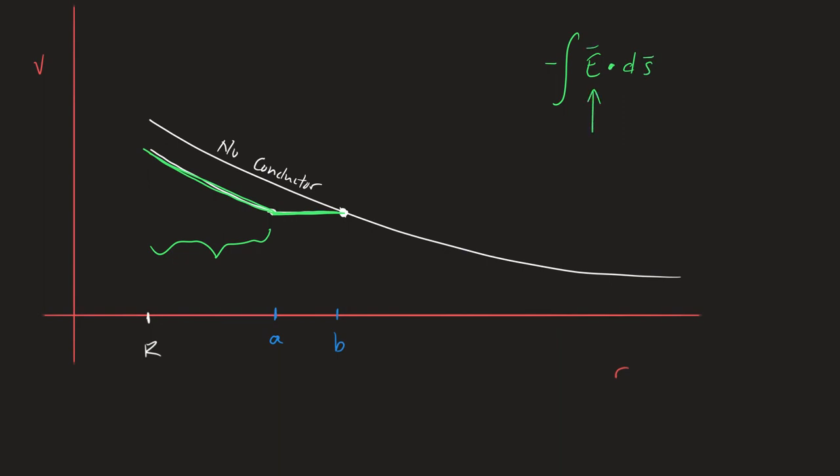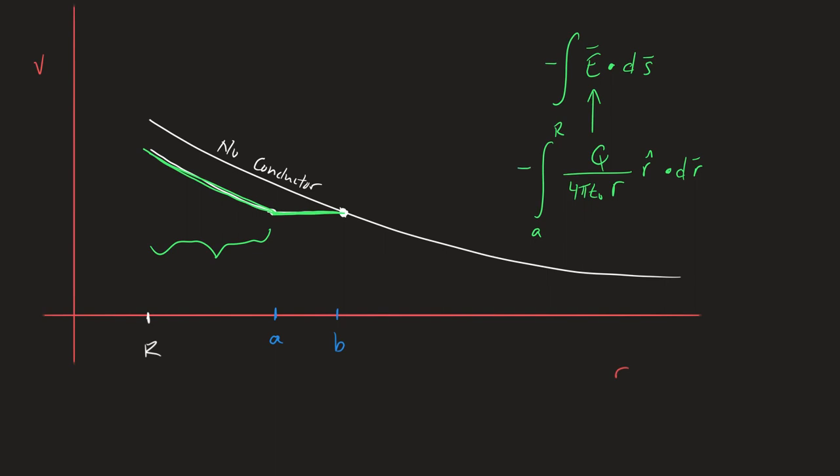And we know what the electric field is inside the conducting sphere. That's going to be Q over 4 pi epsilon naught R. There, like that. And we're going to do this from A to, say, the surface of the sphere.